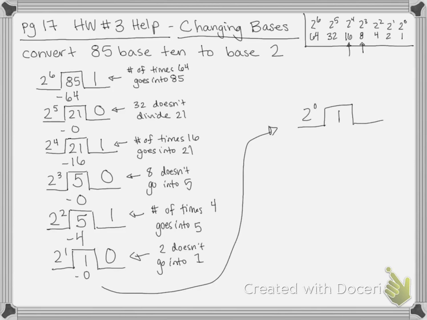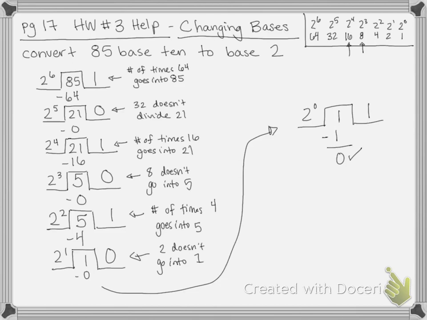And my leftover, the one final power I have to check is 2 to the 0, which is equal to 1. So this does go in one time, and I'm going to make sure that I get a remainder of 0. So, in order to write this value, I need to work my way from the power of 6 all the way to the power of 0.